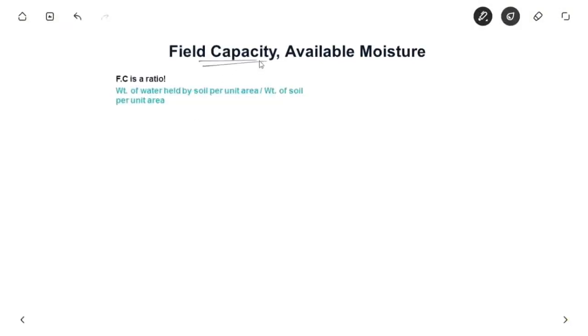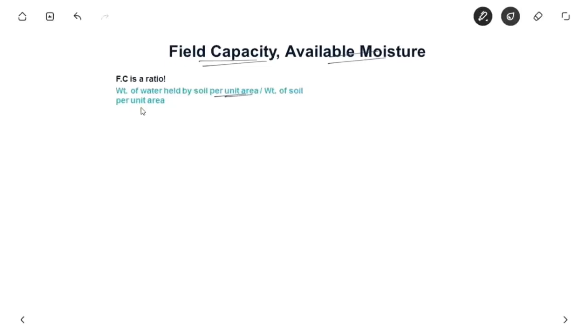Next, let us look at field capacity and available moisture, and the equations associated with them. As we know, field capacity is a ratio. It is the water held by the soil per unit area.